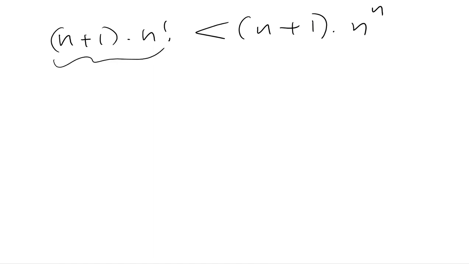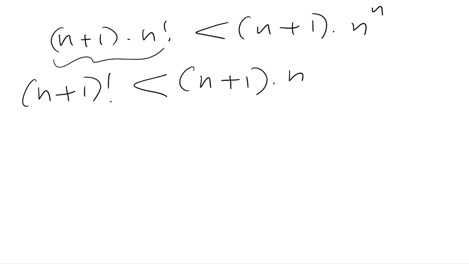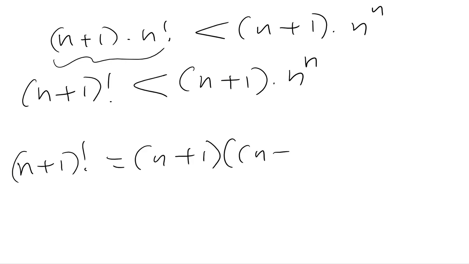We know that n plus 1 times n factorial is basically n plus 1 factorial, which is less than n plus 1 times n to the n, right? The reason is, if you say n plus 1 factorial, this is going to be n plus 1 times n plus 1 minus 1 factorial.